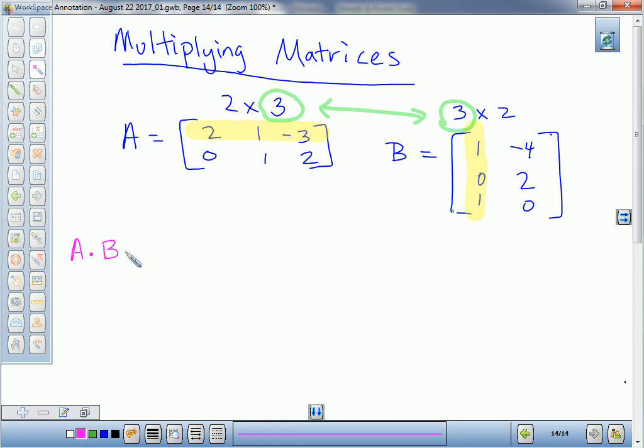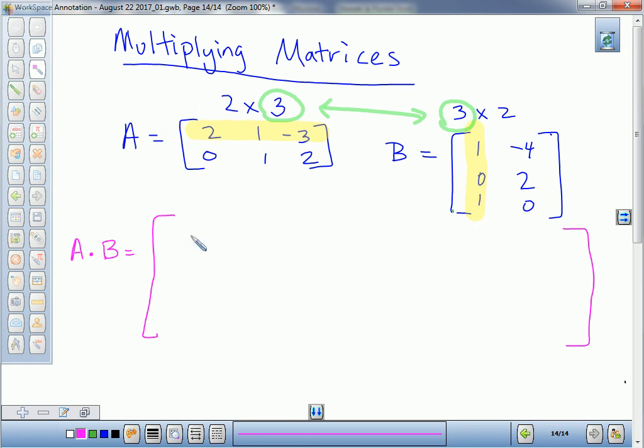Okay, and now let me show you how you do it. What we're going to do is take the first row of this matrix, and find the sum of the products that we get with the first column of the second matrix. So this position 1,1 gets multiplied by this position 1,1.